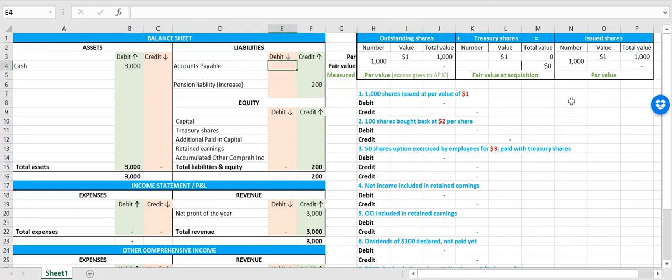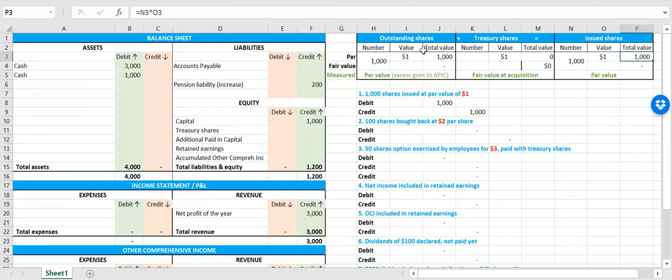So we're gonna receive $1,000 from our shareholders. They're gonna pay this money to us, and we are gonna receive that money into our capital.